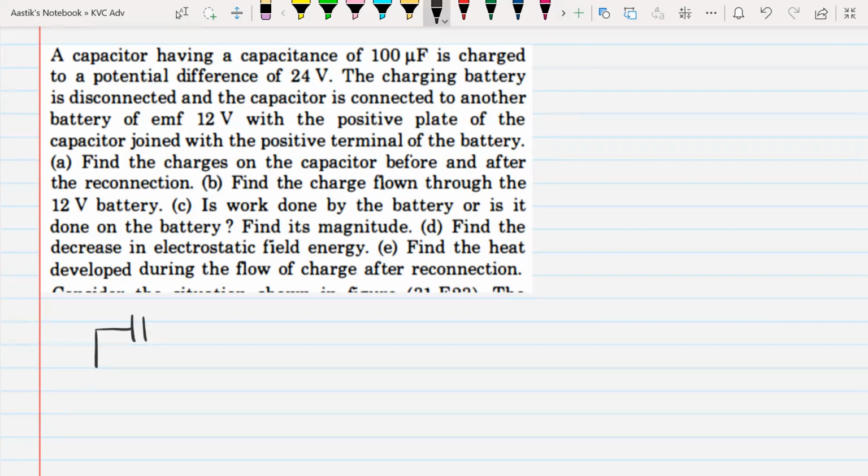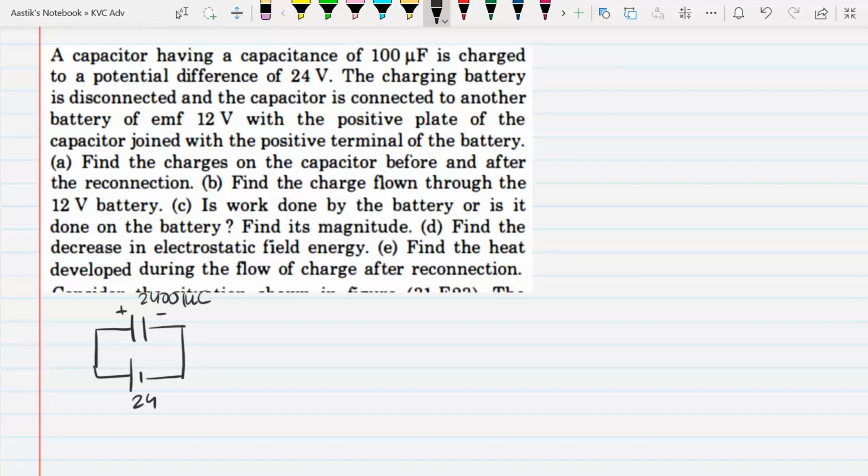First case, the capacitor is connected like this to a 12 volt battery. This is the positive and this is the negative. First it is 24, so it will have charge 2400 microcoulomb.